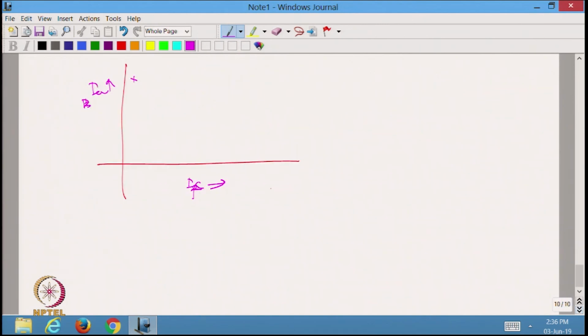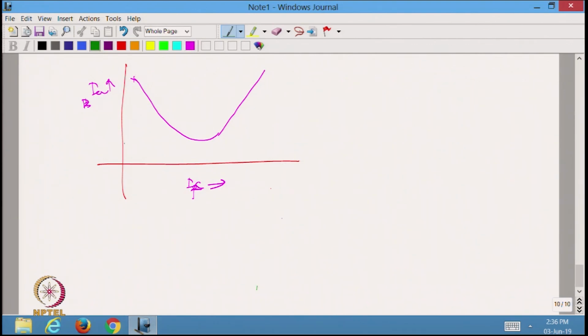So, when I draw, I should show it as though at a particular point it becomes minimum armature current, and on either side of the field current, it is going to be higher than the minimum armature current.